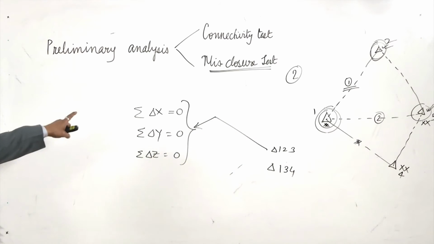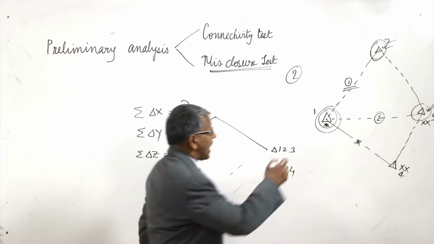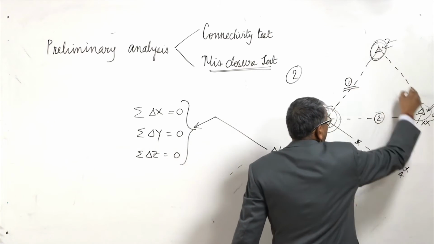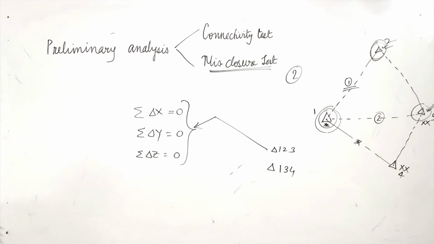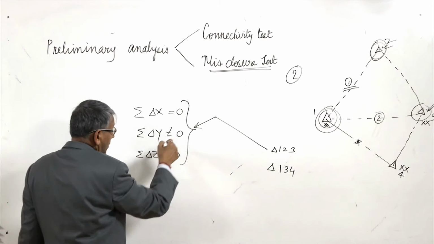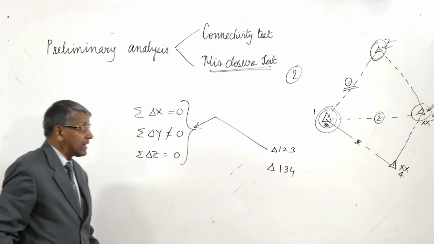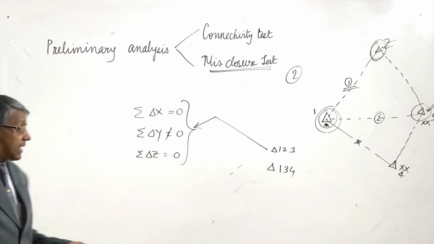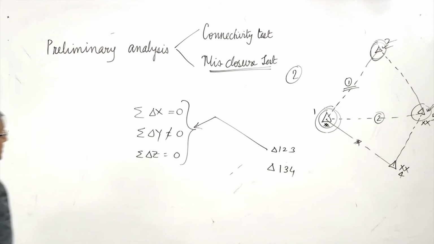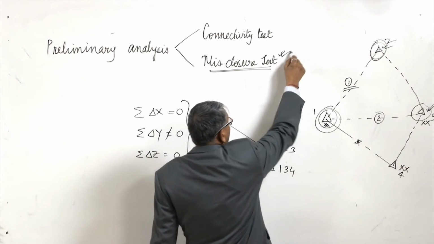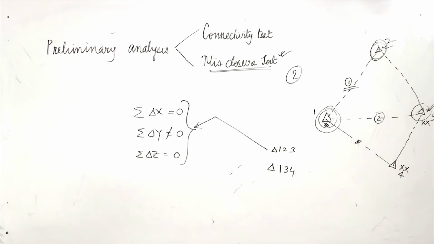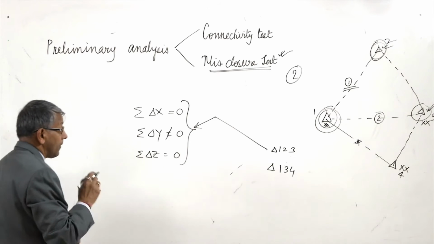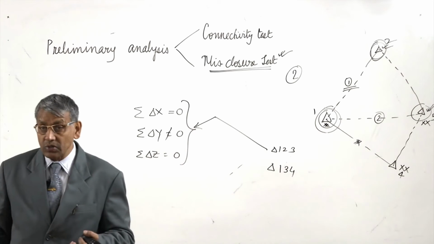Now if this condition is fulfilled, that means our figure is closed, and if any one of these is not equal to 0, that means there is some error in closure. That is the misclosure test, and invariably all these will not be equal to 0, so there will be some misclosure.